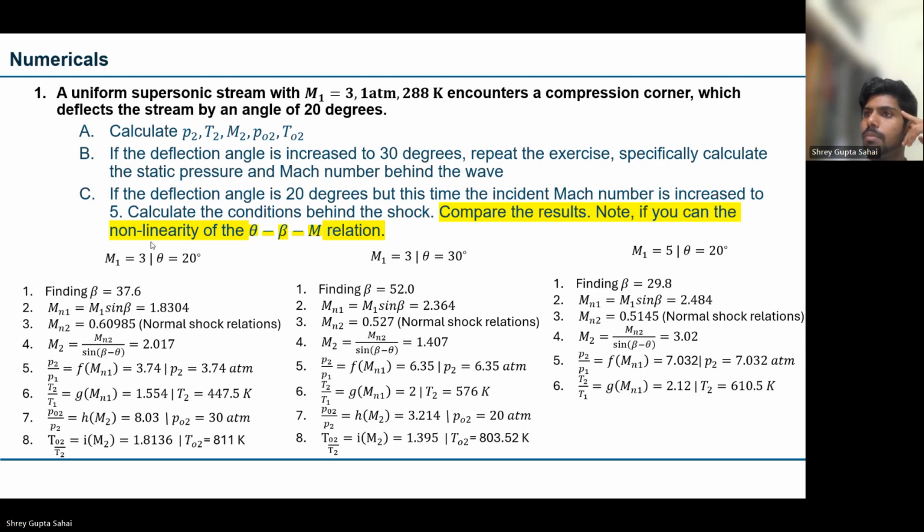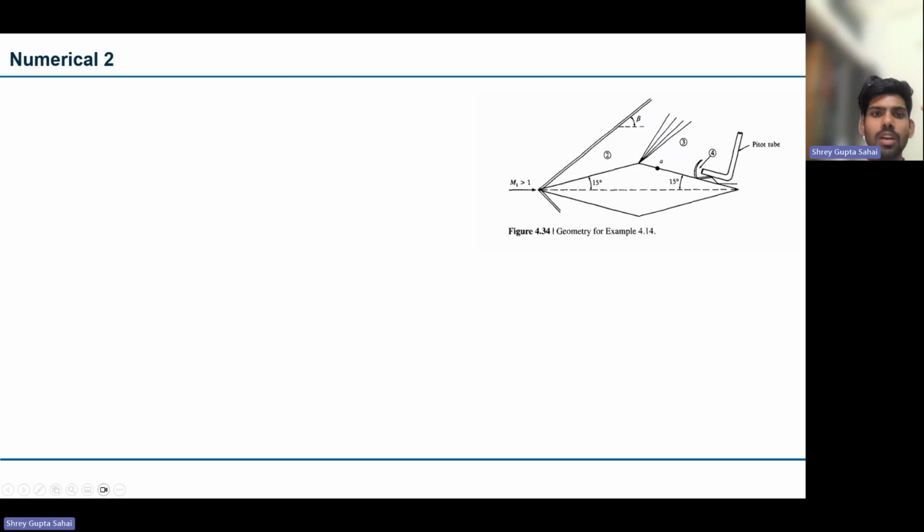Okay, let me move ahead. So this is the geometry. Now let me write the question.